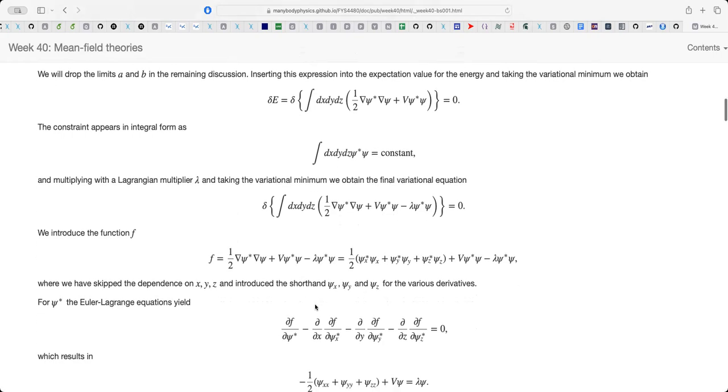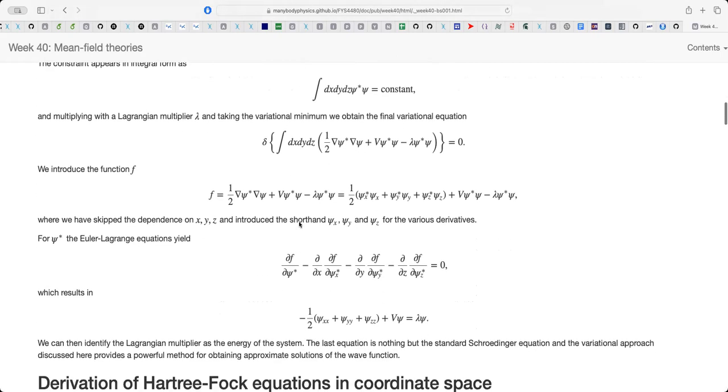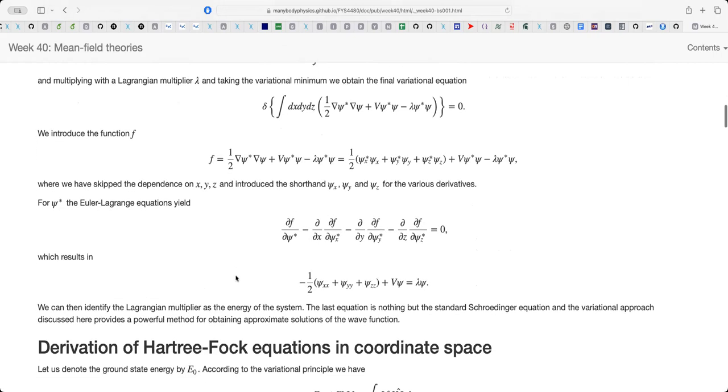and then I use the Euler-Lagrange equations. So I guess, have you seen the Euler-Lagrange equations? Have you used them? That's the standard equations you would use in order to solve this problem. If you do that, then you simply get Schrödinger's equation.